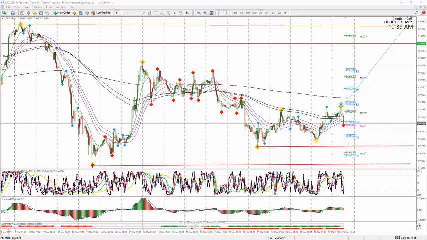Now check this move down on the lower time frame. If this move down finishes and you decide it's going up from wherever it finishes, then of course that is another option. And the end of that retrace would be another option for your stop loss.